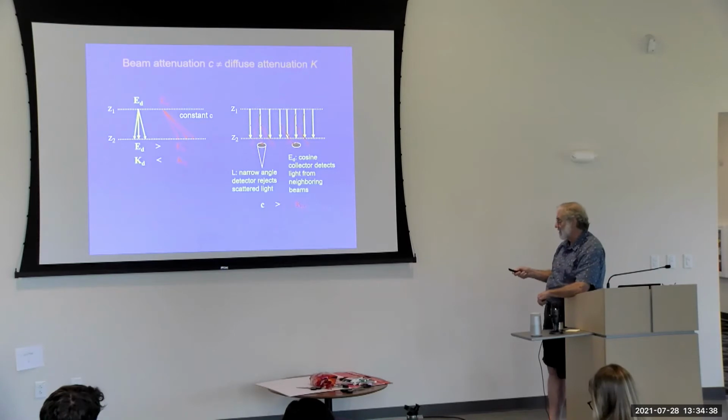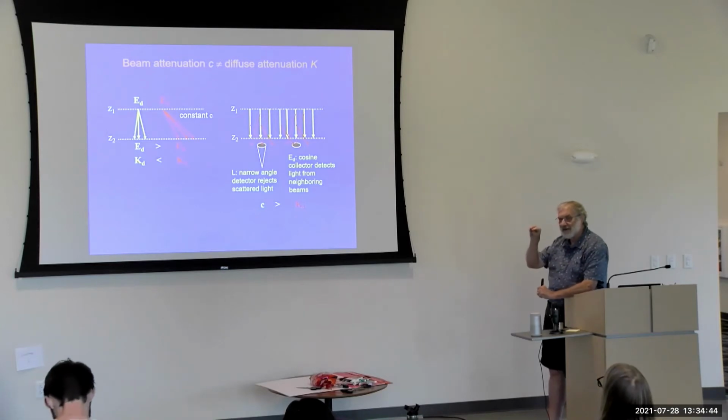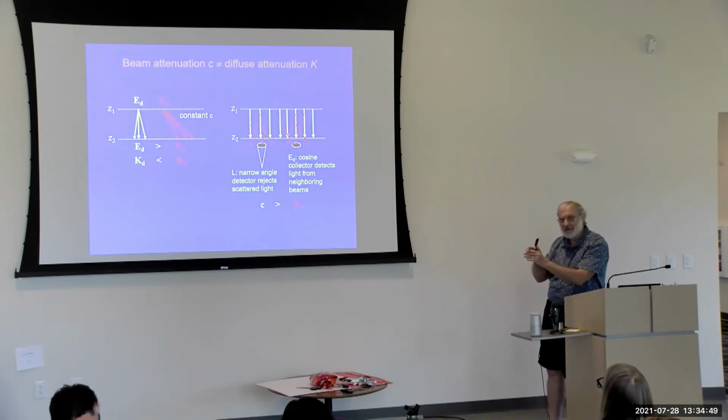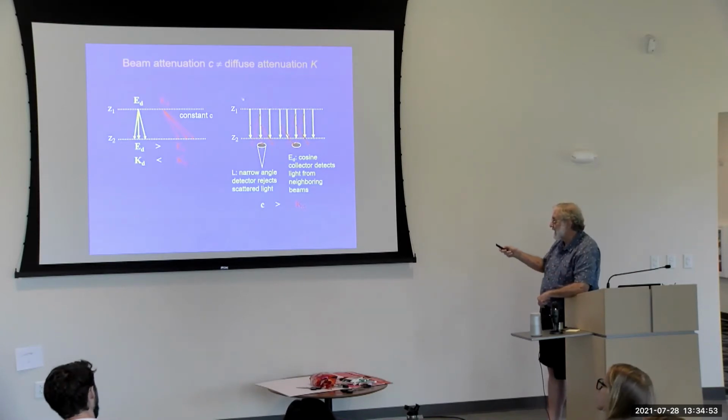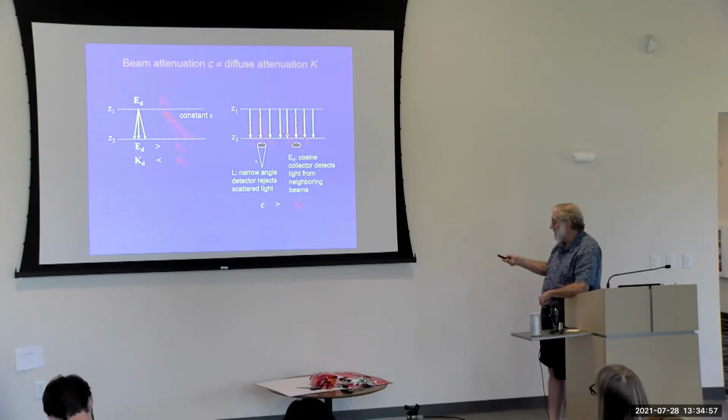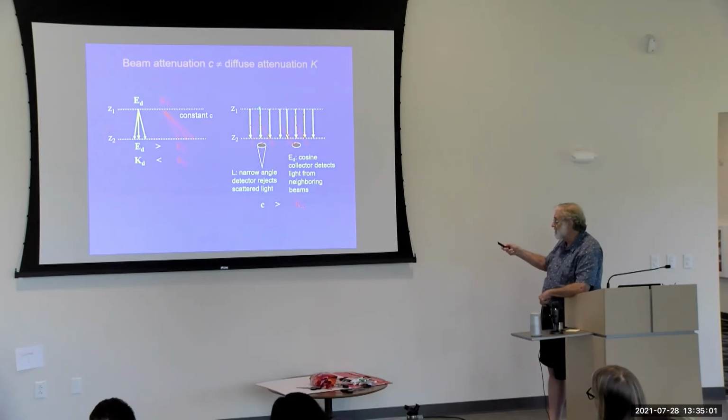Another way to think of it is, let's say you're going to measure beam C. You do that with a narrow, small field of view instrument, like on the C side of your ACS. You've got this light coming down and your instrument has a narrow field of view, so it only sees the beam of light that goes from here to here into the instrument.